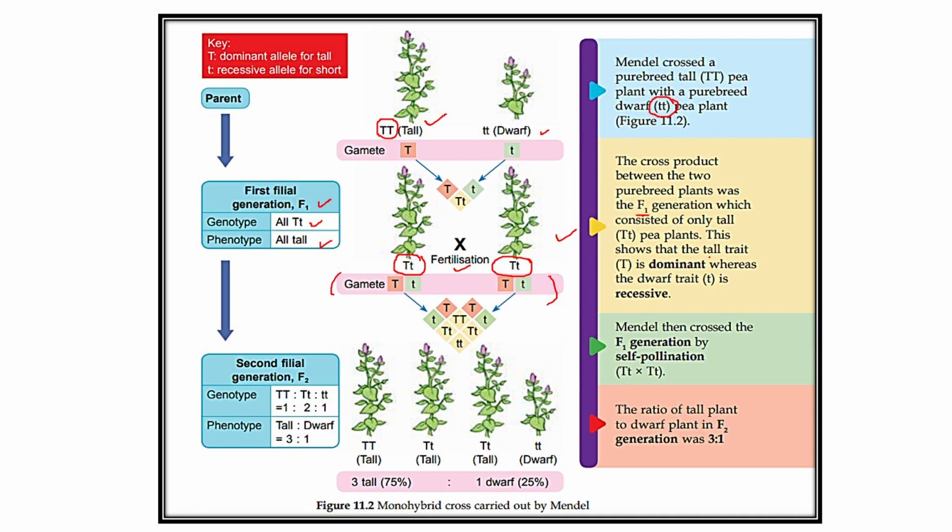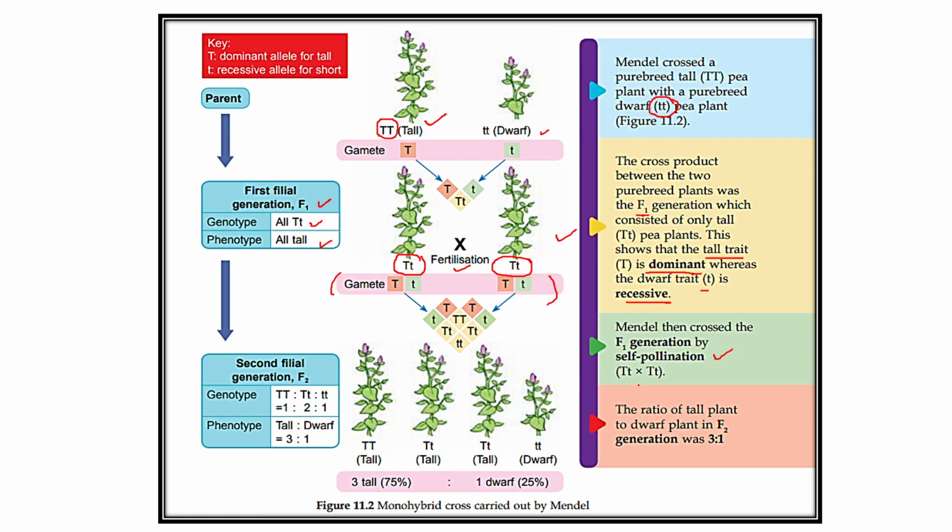This shows that the tall trait is dominant, whereas the dwarf trait, small t, is recessive. Mendel carried on to cross the F1 generation by self-pollination.